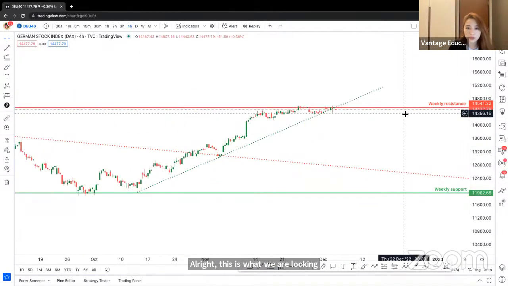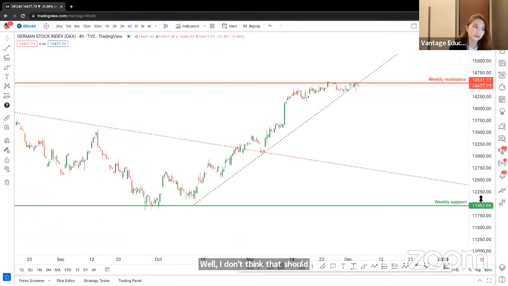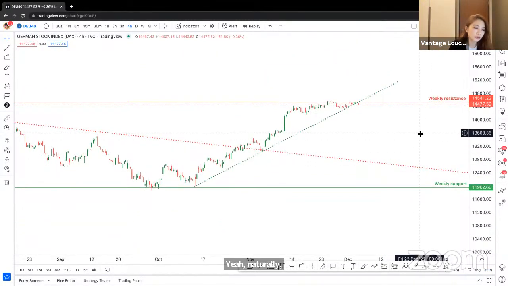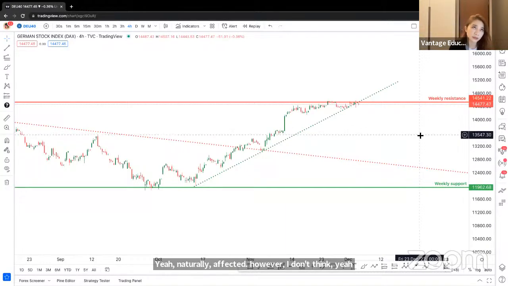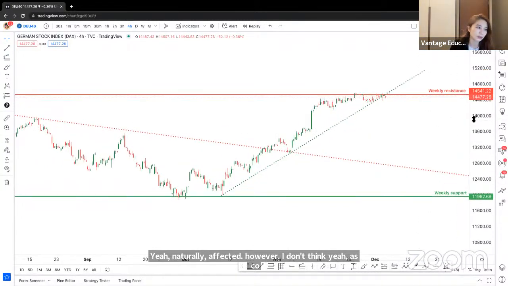Let's see H4. I don't think that's totally related. They are naturally affected. However, I don't think they are as related as compared to Nasdaq, if that's something you are asking.